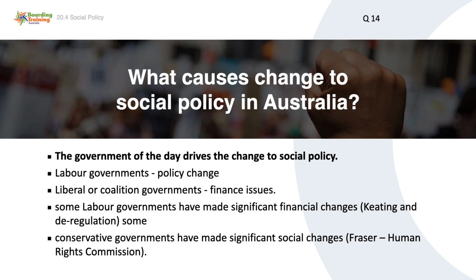Liberal or coalition governments typically are more focused on financial issues, making sure the economy is working well. But some Labor governments have made significant financial changes, such as Keating with deregulation, and some Conservative governments have made significant social changes, such as Fraser with human rights, etc.